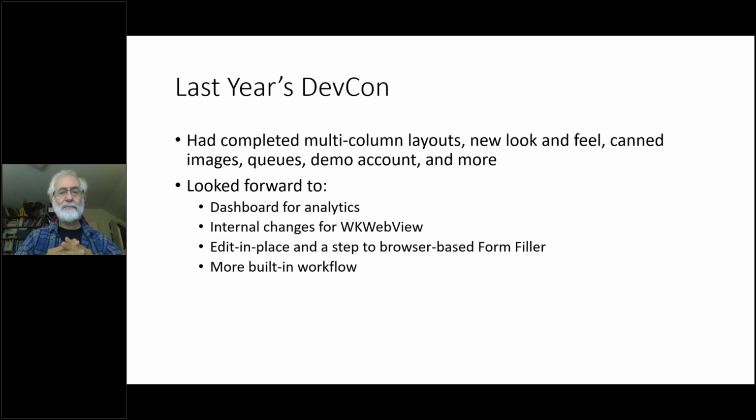The ability to have canned images, so you could choose from predefined images, have templates, and then draw on them. You could assign a form instance to a queue, and then individuals could take them off the queue. We had a demo account. We had all sorts of things that we added last year.